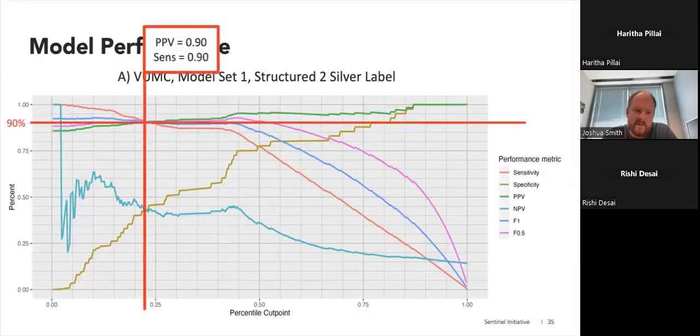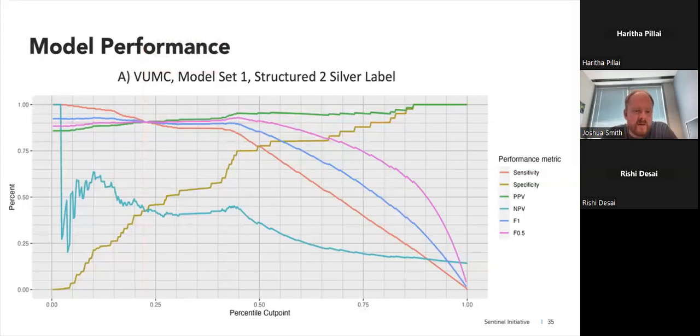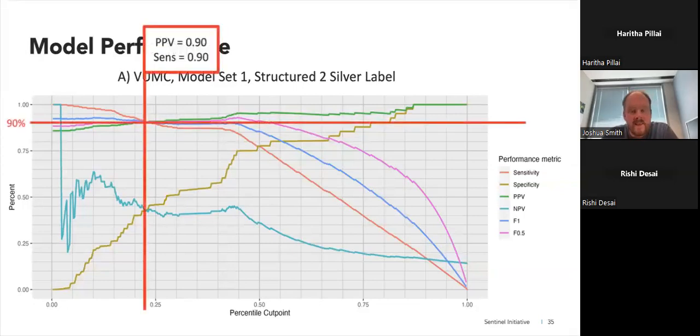Let's say we want a 90% PPV. And so we cross the model at that 90% line, and then we look at where the sensitivity is there. And so at this point right here, as you can see, this is where PPV and sensitivity are balanced. And that's a PPV of 90% when sensitivity is 90%, if we use a cutoff that is about 0.23 or 0.24 down here at the bottom. So that's very good performance for one of these models.